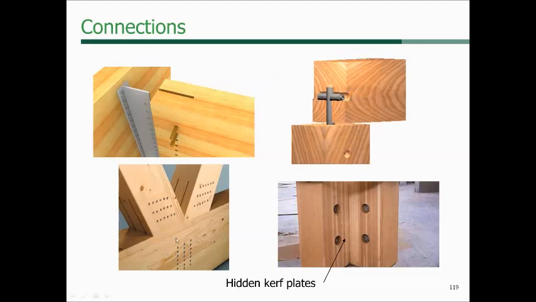If we're using the calculated fire resistance method, these should actually be recessed, so a wood plug could be installed over it or covered with gypsum or some type of approved protection for that.